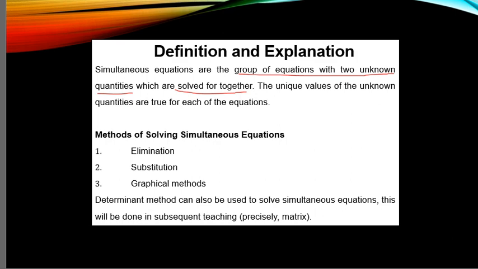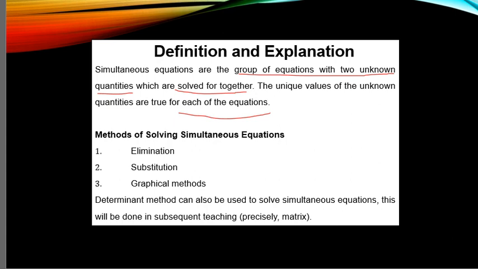You must note that the unique values of the unknown quantities are true for each of the equations. For instance, if the unknown quantities are x and y in both equations, the meaning is that after solving for x and y, if you put the x and y values into equation 1, you definitely get the right hand side, same as the second equation. Hence, the values are unique for the unknown quantities.